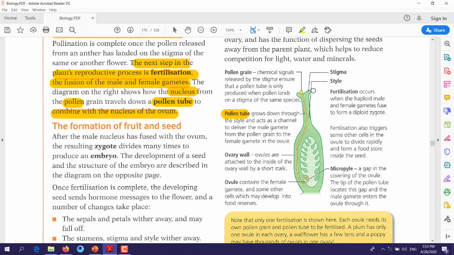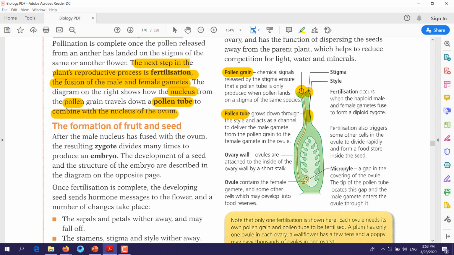It consists of these parts: stigma, style, and the third one, the ovary. Now, the pollen grain from the anther will land on the stigma. Chemical signals released by the stigma ensure that a pollen tube is only produced when pollen lands on a stigma of the same species.